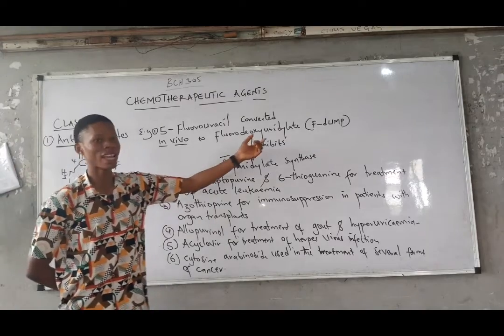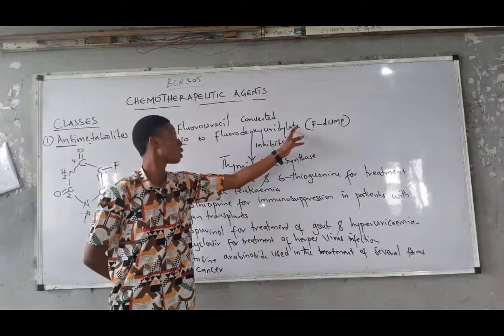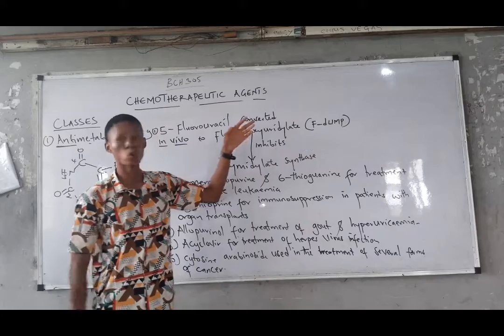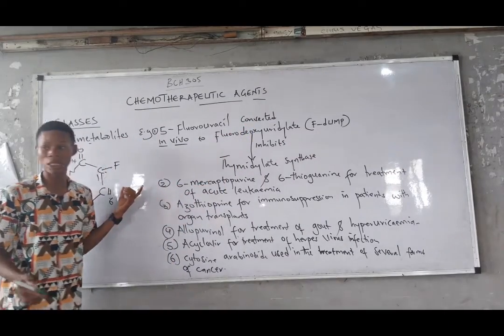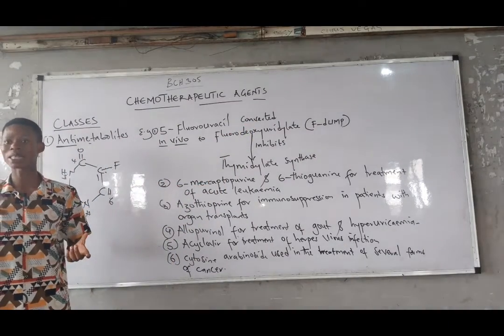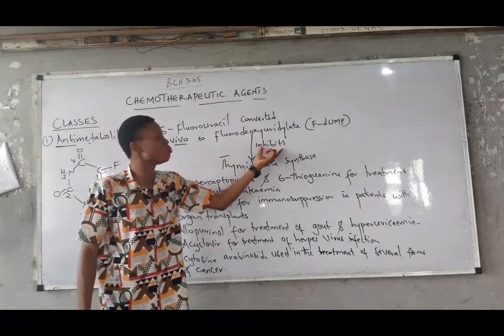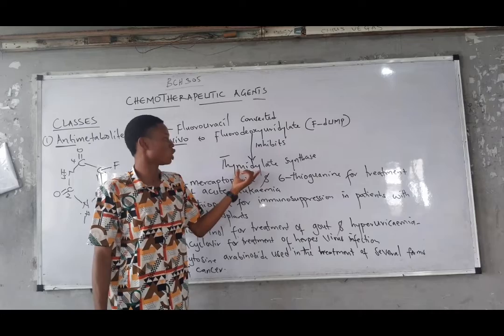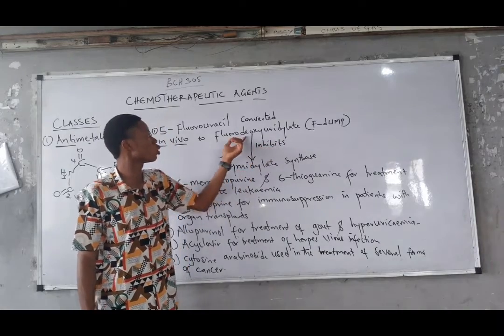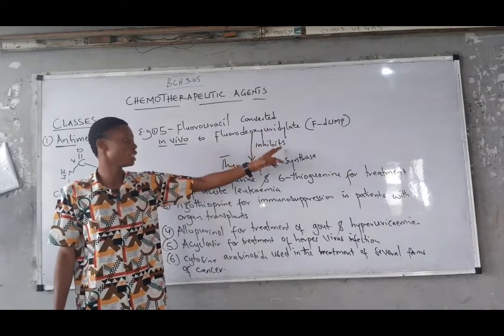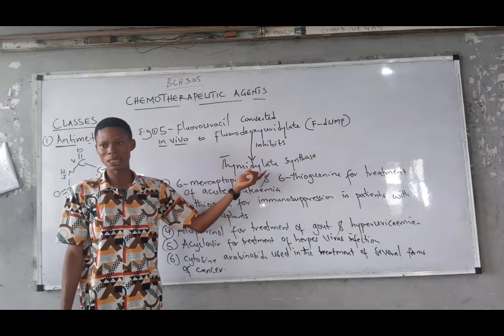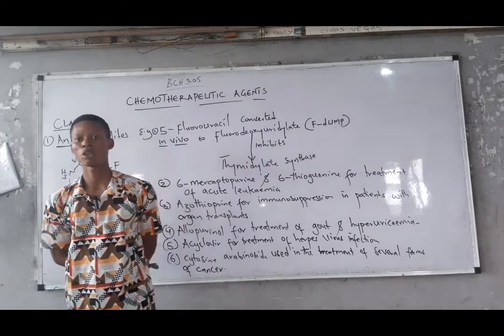If you add a methyl group to uracil, you have thymine, is it not? So a methylation reaction is what takes place there. But now this fluorodeoxyuridylate inhibits thymidylate synthase, and so pyrimidine cannot be synthesized.